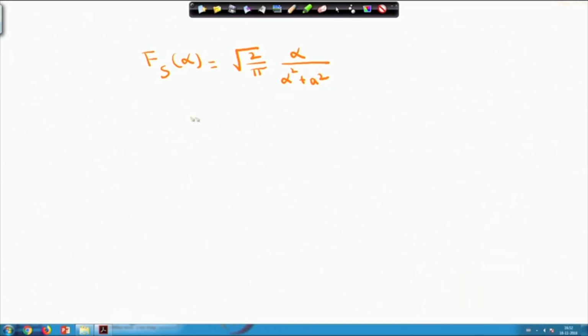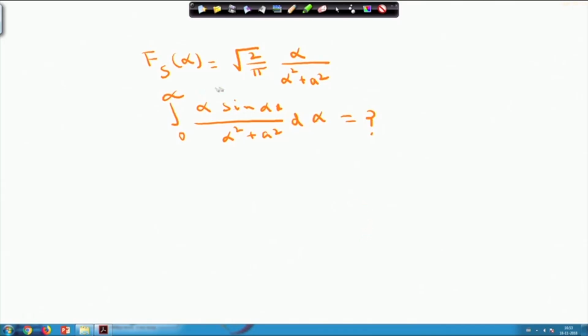Next, we have to evaluate the value of this integral from 0 to infinity of alpha sin alpha x by alpha square plus a square d alpha. What is the value of this? We have to find out this thing.